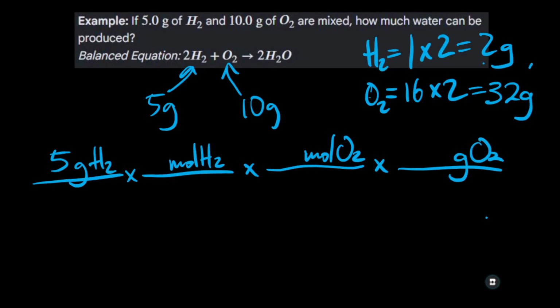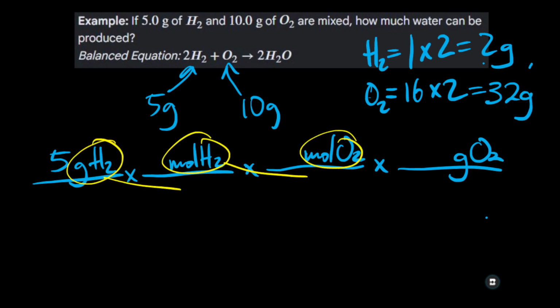So I can just straight calculate the grams of oxygen I need. The next step is to bring all the diagonal units right below. Over here is going to be grams H2, down here is going to be mole H2, down here is going to be mole O2.